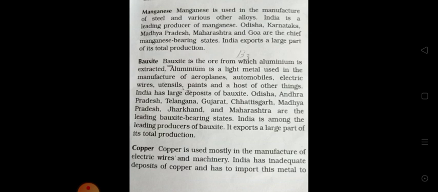But compared with other minerals, we have inadequate deposits of copper, so a sufficient supply is not there in our country and we have to import it.